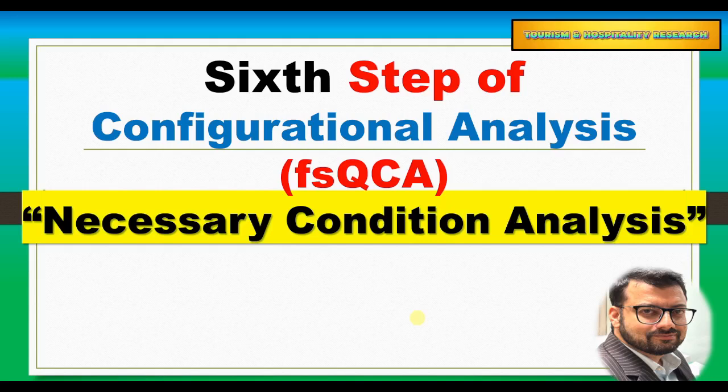In the previous video, I showed how to obtain the truth table and how to read the sufficient conditions given by the truth table, especially the intermediate solution. In this video, I'll show you how to go further in order to identify the necessary conditions or the necessary configurations for the outcome. So let us start.